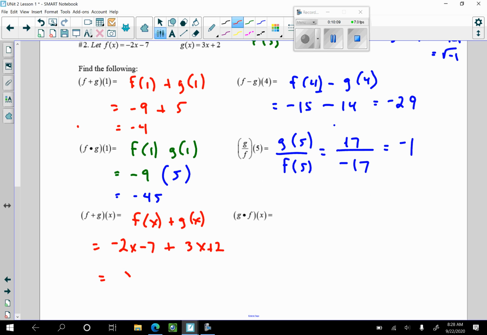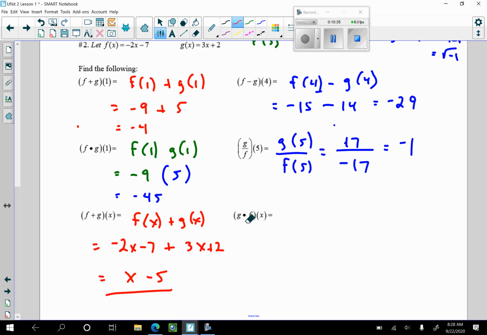That is going to be x minus 5, just adding like terms. And if you notice, if I wanted to evaluate f plus g of 1, I could actually find out abstractly what f plus g of x is, which is x minus 5, and then put the 1 in, and I would get a negative 4 there.